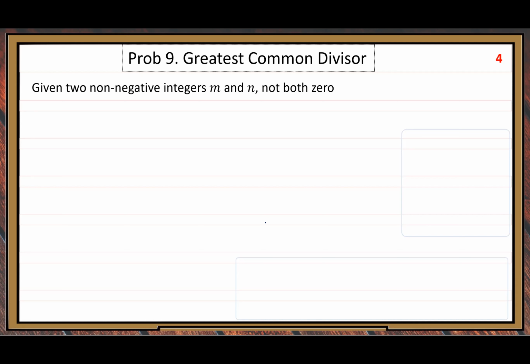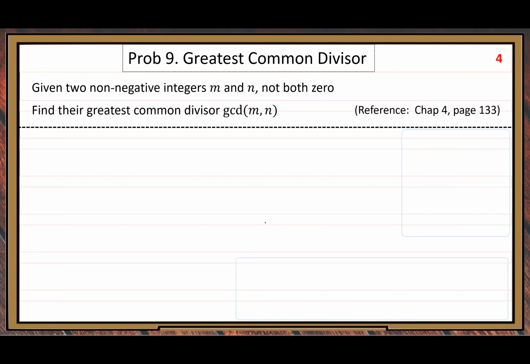Why not both 0? Question: find their greatest common divisor, and here we use the function called GCD function, two parameters m, n. That's the question, how to calculate.